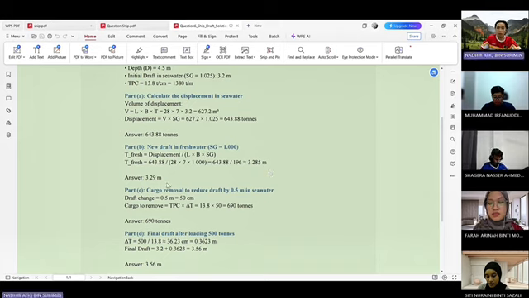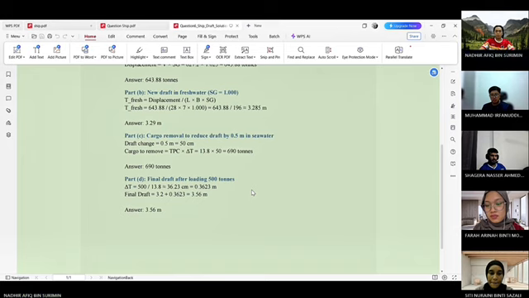Here, for the cargo to remove to reduce the draft by 0.5 meter in seawater, the draft change we convert to 50 cm. The TPC times the draft change gives the displacement. The answer is 6690 tons.